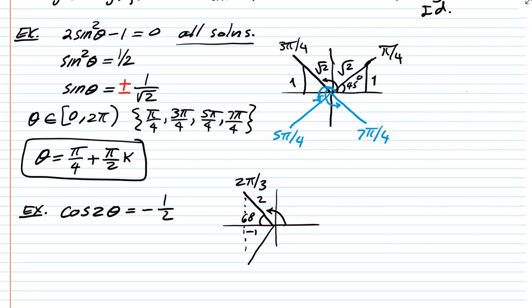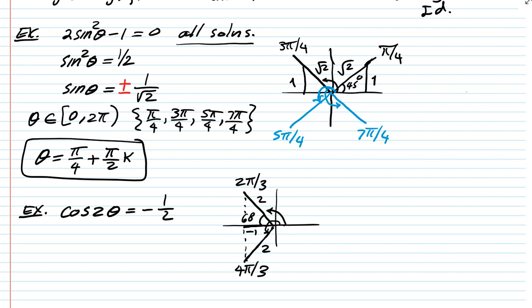And continue on. This will be 2. Remember, the hypotenuse is always positive regardless of the quadrant we are in. We allow for the sides to be positive or negative. And here's the other one. So 2 pi over 3 or 4 pi over 3. Both of those are solutions, right?